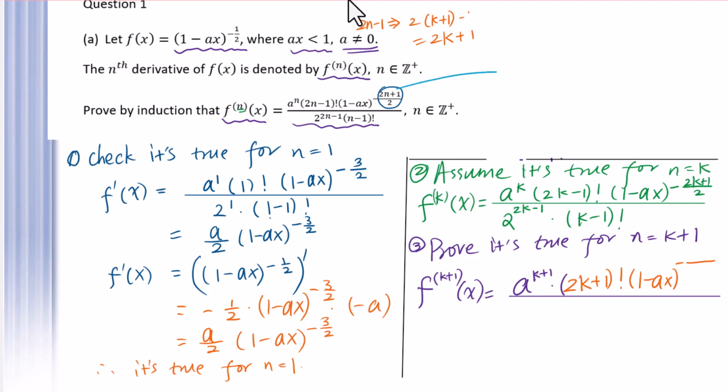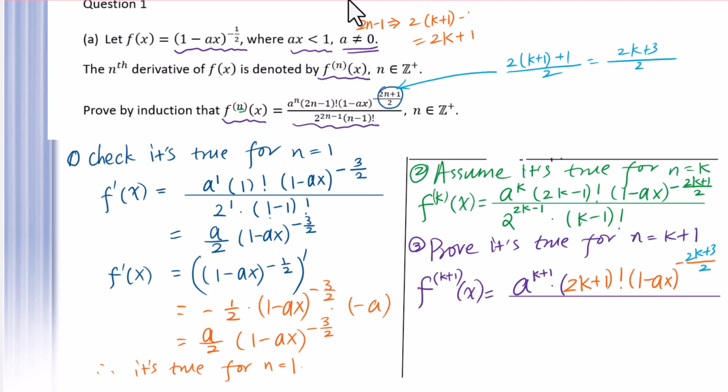Now we will change this (2n plus 1)/2 into (2 times (k plus 1) plus 1)/2, which is (2k plus 3)/2.